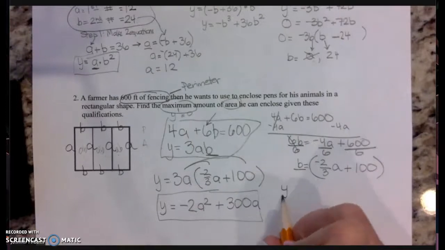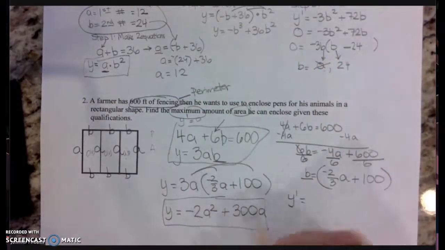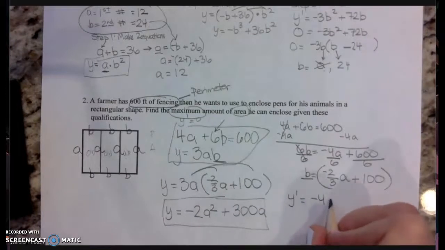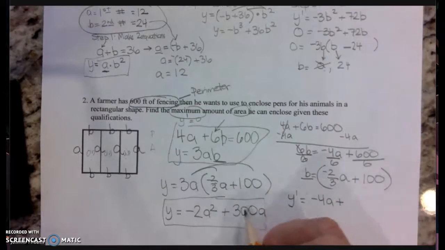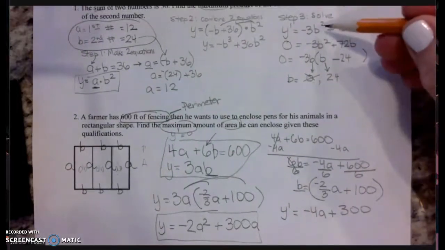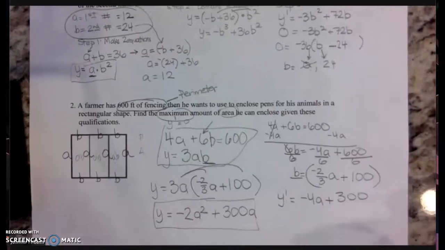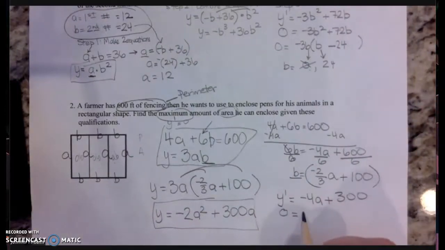Now I want to take the derivative, it's the same process. 2 times -2 is -4A, and here it will just be 300. Now this, I had a squared and a non-squared, I had more than one B. Here I just have one A, so I'm going to set it equal to 0.